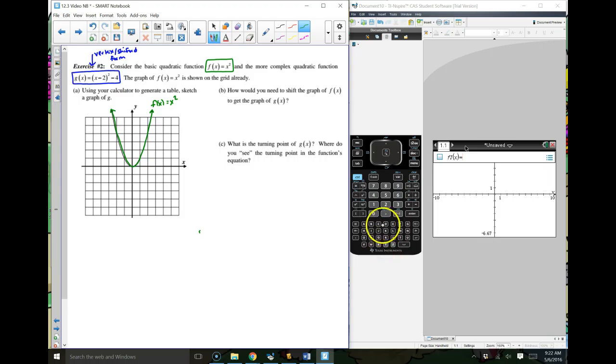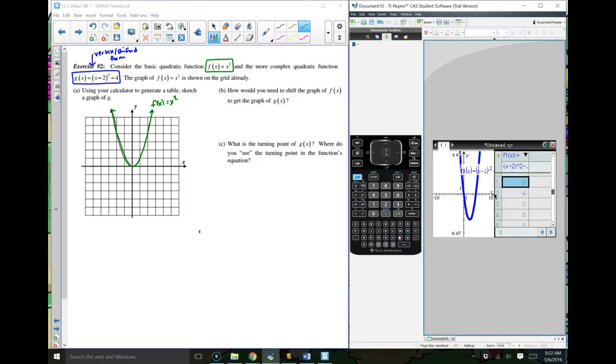I'm going to type that in, parentheses, x minus 2, parentheses, squared, minus 4. I'm going to hit enter. There's my graph. It pops up, but the question is telling me to get a table. So to get that table, I'm going to hit Control T. There's my table. I do want some negative values though, so I'm going to scroll up to get some negatives.